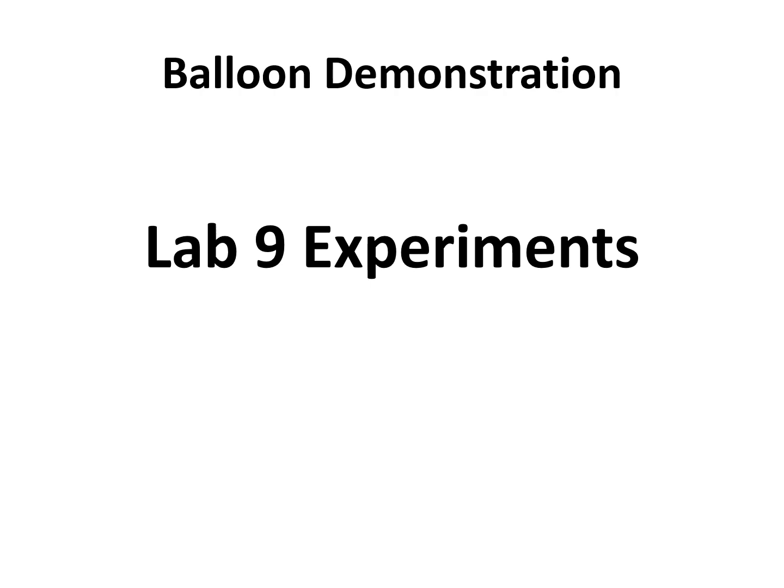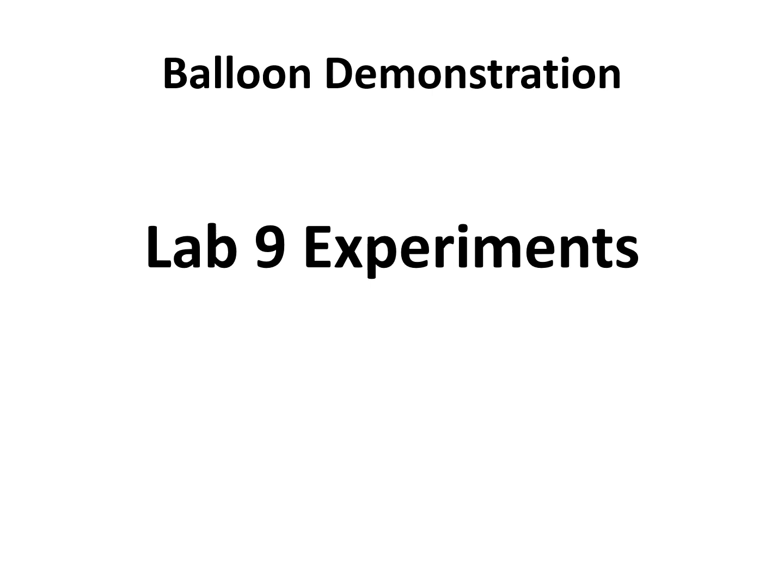The next part of this presentation is going to go over the experiments for Lab 9, and we'll show you what data you would have seen. The first part of your lab talks about a balloon demonstration, and in this demonstration, yeast would have been mixed with warm apple cider, and a balloon would have been put on top of the bottle.